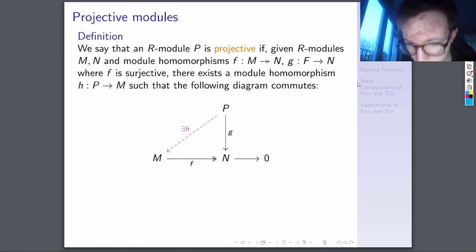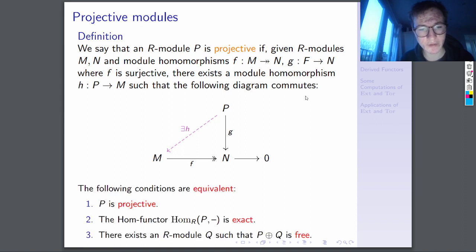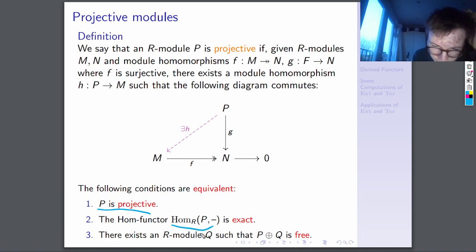And a theorem which I will not be proving, but is true, is that the following are equivalent. Either P is projective, as we just saw in this definition, or the Hom functor, the covariant version, is exact, or there exists an R module Q such that P direct sum Q is free.